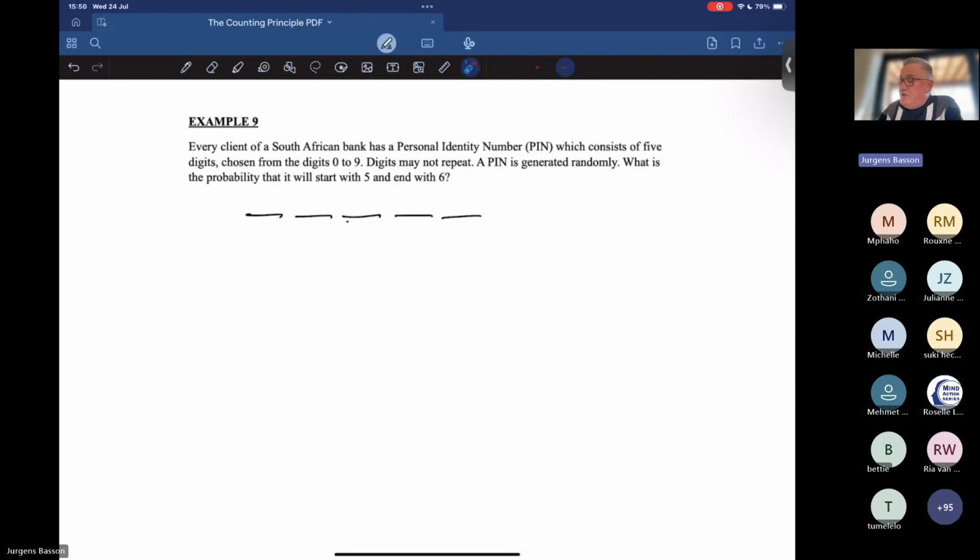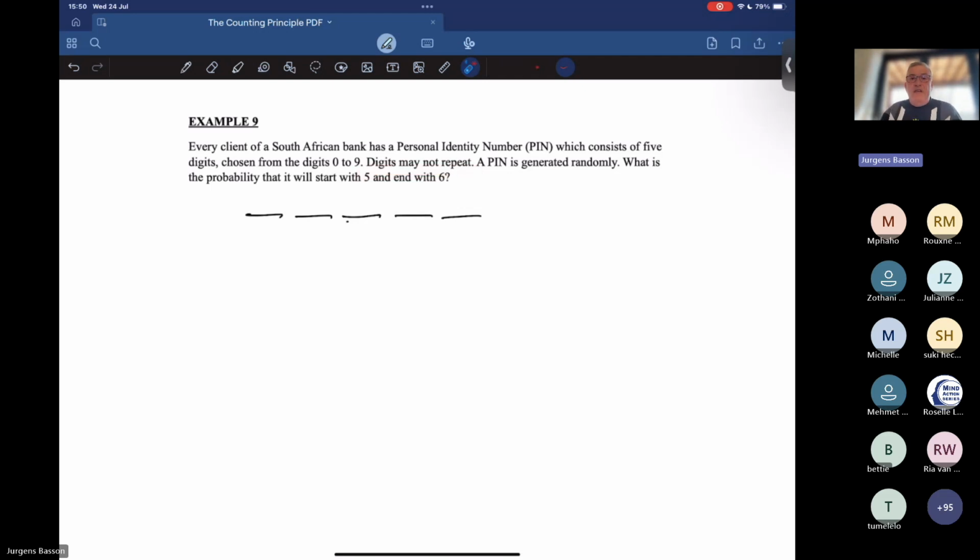But now to take note, the digits I have available that I choose from is 0 to 9, so 10 digits. Now, like I explained to you before, the moment that I have 5 and I put 10 in it, if repetition is not allowed, and you will see in this one, I say digits may not repeat.